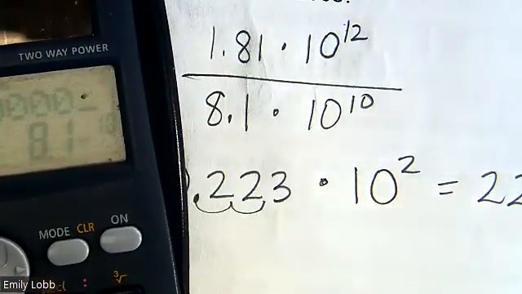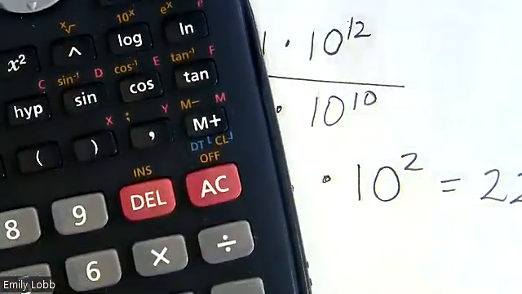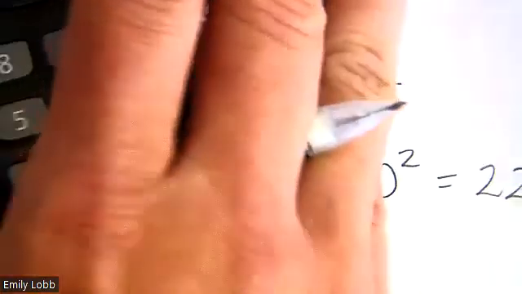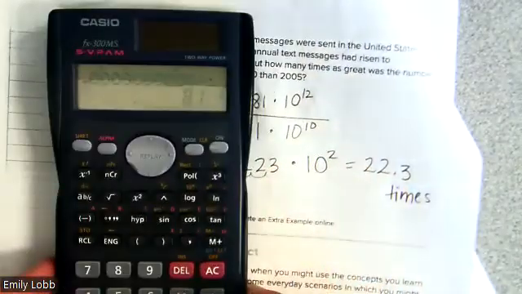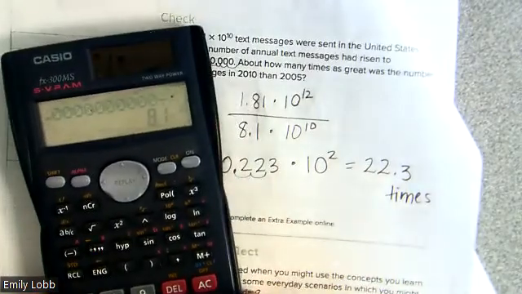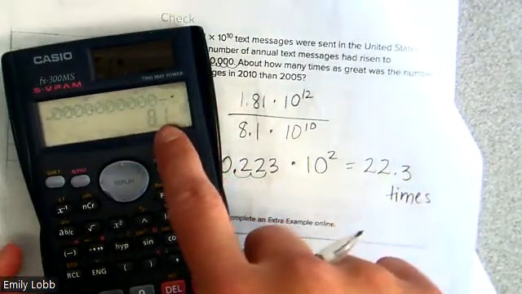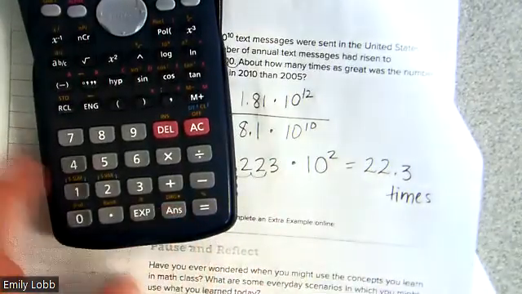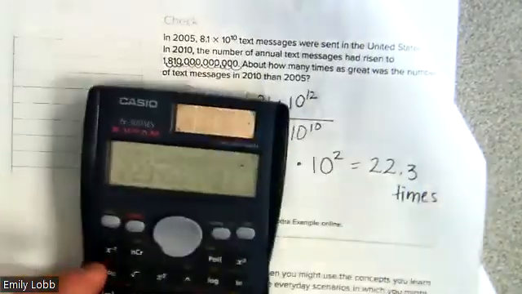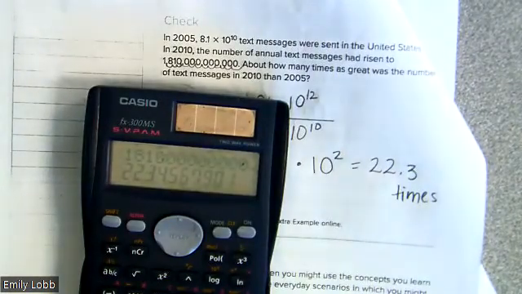Divided by, and then I'm going to use my answer button right at the bottom. Let me zoom out sometimes. So I put in that new number divided by my answer, and that should come out 22.3. So it's okay if you change them back into standard form too.